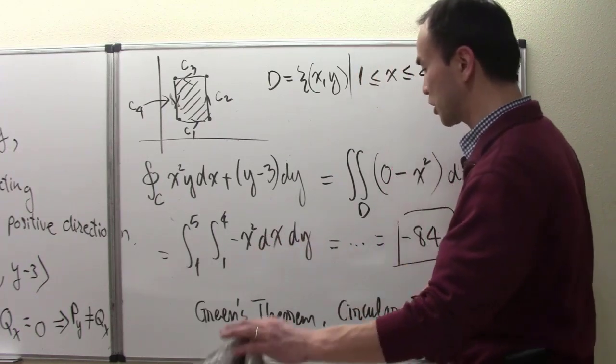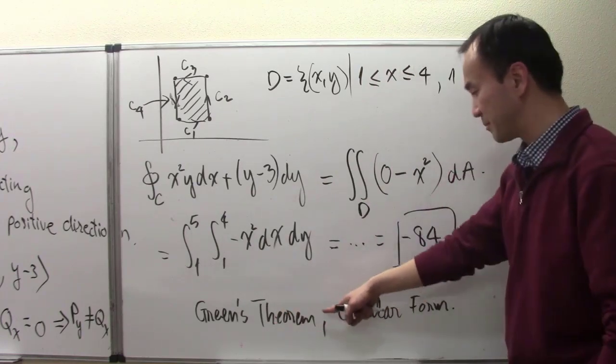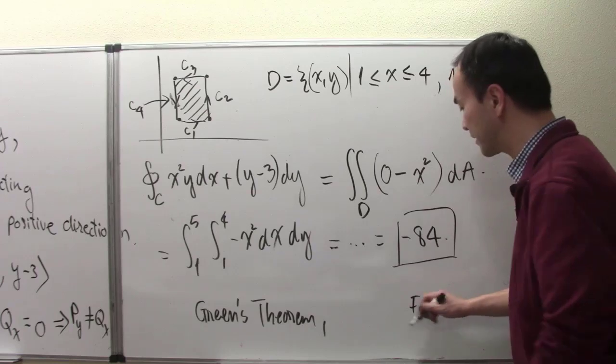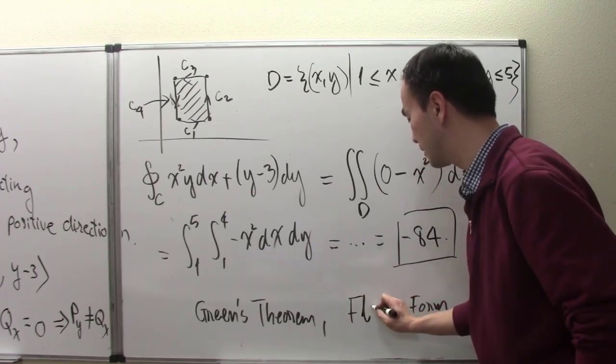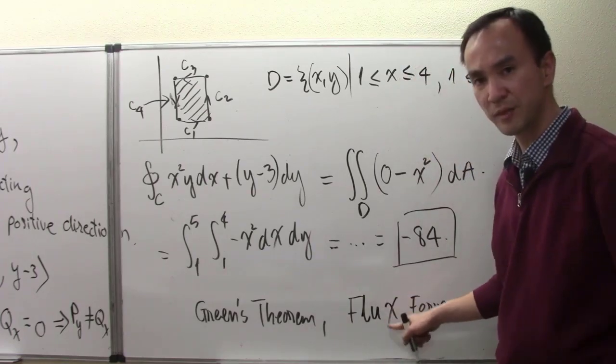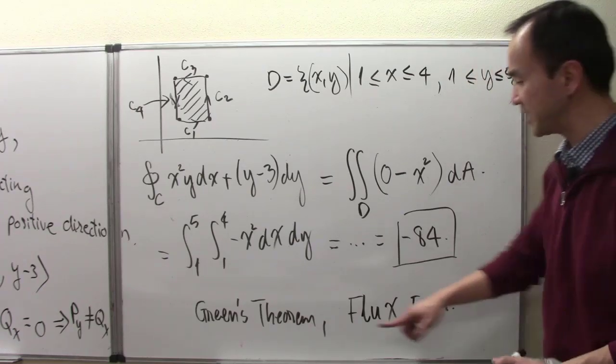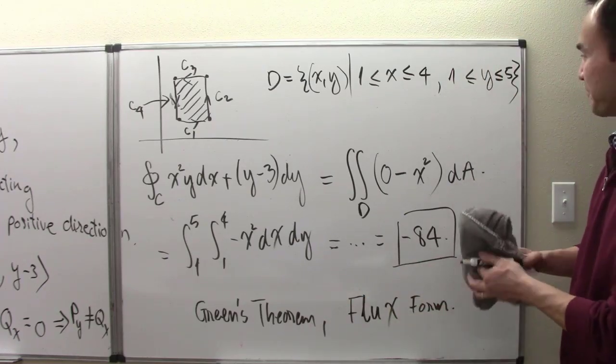There is also a version of Green's theorem that they call the flux form, but this is to be covered in a different video lesson. So what's the idea of Green's theorem for the flux form?